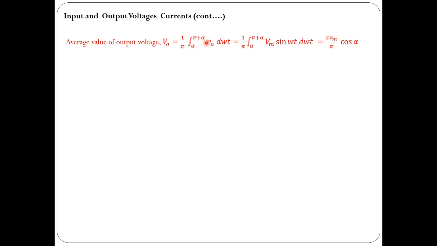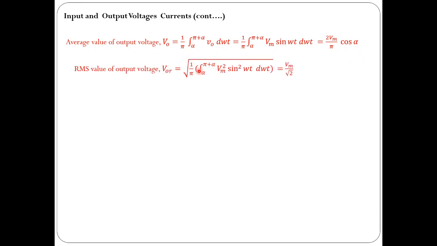Because the frequency is double, integrate that for pi radians and divide by pi, which gives you the average value. During alpha to pi plus alpha, the value of V0 is equal to Vm sin omega t. Substitute that, and you will get the average value of output voltage equal to 2Vm by pi into cos alpha. This is the output voltage.